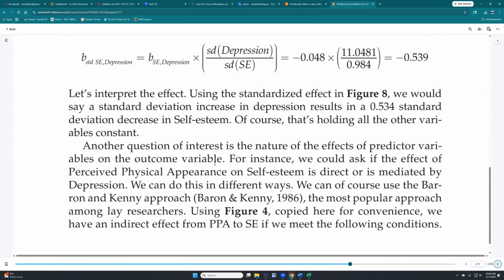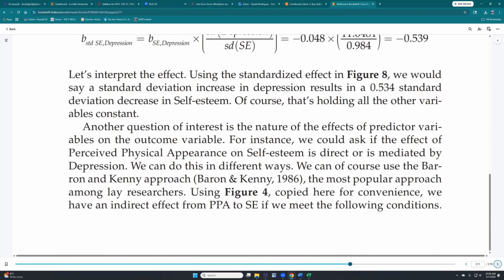Another question of interest is the nature of the effect of predictor variables on the outcome variable. For instance, we could ask if the effect of perceived physical appearance on self-esteem is direct or is mediated by depression. We can do this in different ways.